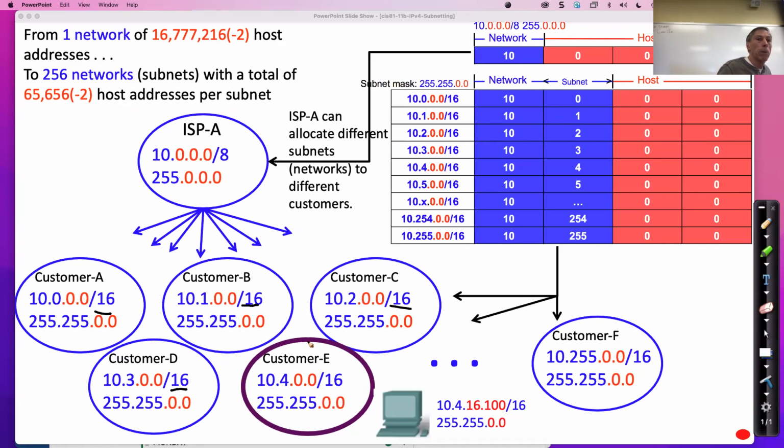So this customer here may say, you know what, I'm going to subdivide all of this into smaller subnets. Let's see what we can do with that. So instead of having one network with 65,536 hosts in it, we can instead create smaller networks.